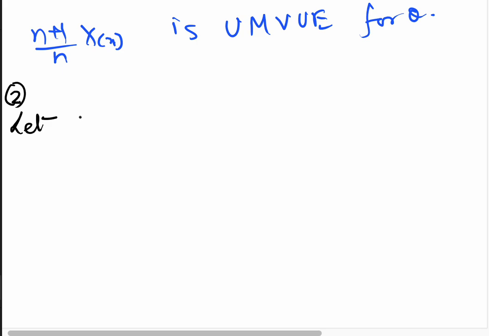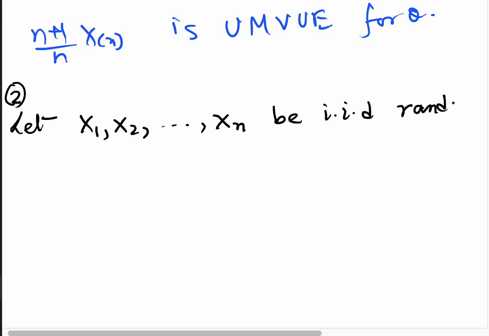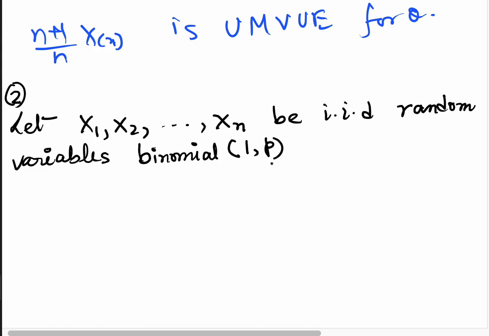Let x1, x2, ..., xn be IID random variables of binomial(1, p).